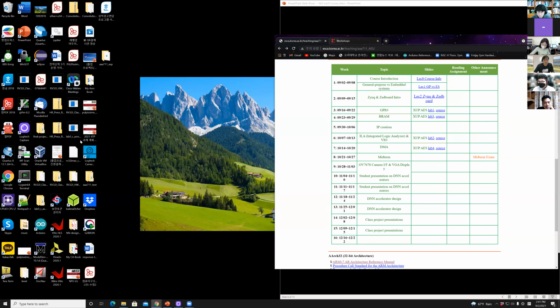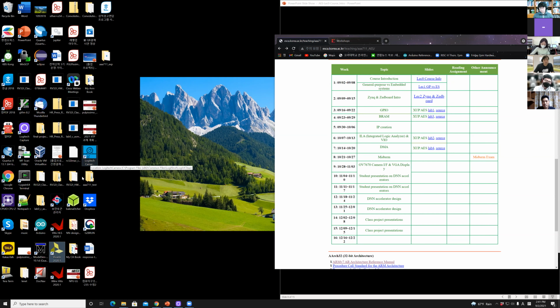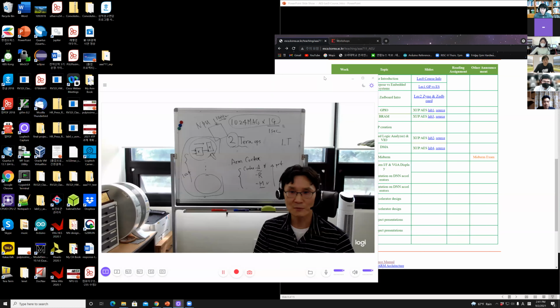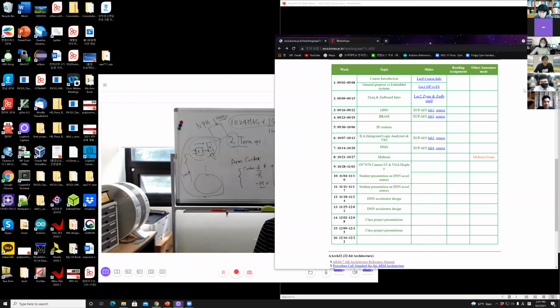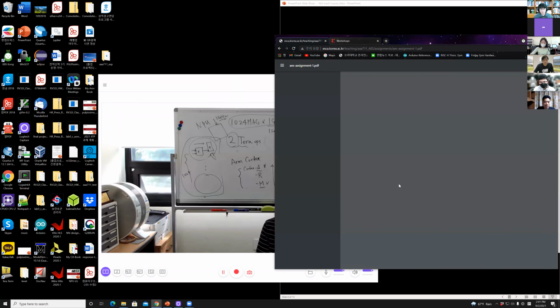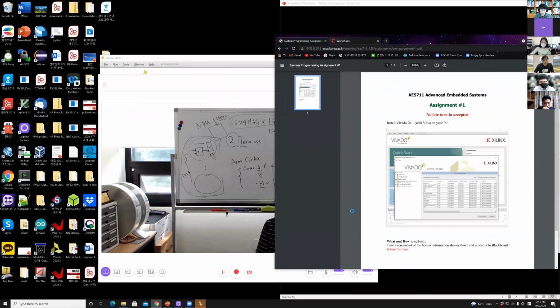Vivado is the development environment from Xilinx. The first assignment, I posted it here, is very simple. Just install Vivado, the tool.